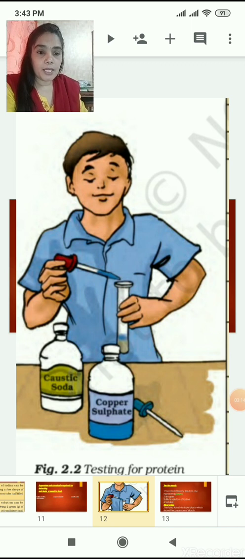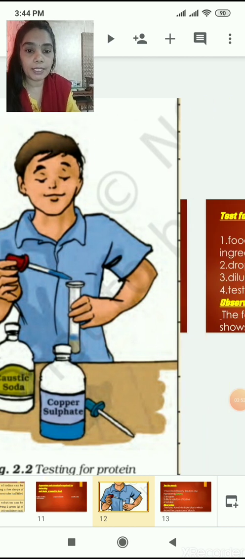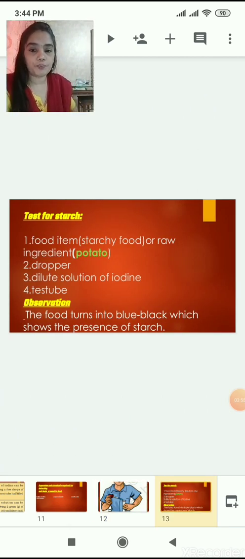Now for this, the things required are dilute iodine solution, then test tube, then dropper. Now you will write all these three. That is the apparatus required for conducting this test.